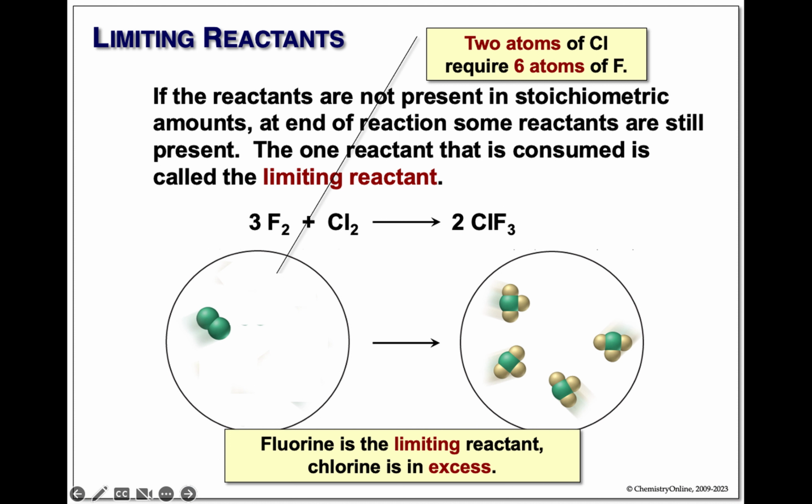The answer would be you could make 4 moles of product, and you would have chlorine left over. It's a concept question as opposed to a calculation. Most people find it much more doable. Any questions? All right.